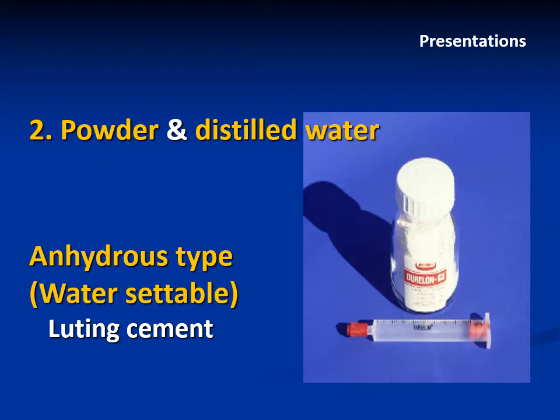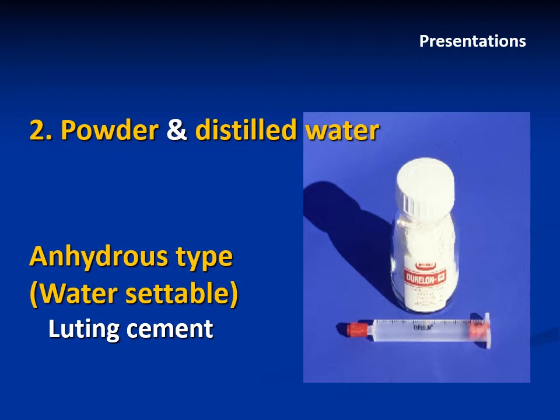They take the liquid acid, freeze dry it, and transform it into powder to be added to the original powder of the polycarboxylate cement, and when we use it, we mix it with distilled water. When mixed with distilled water, the acid will transform into the liquid form and the reaction begins normally.